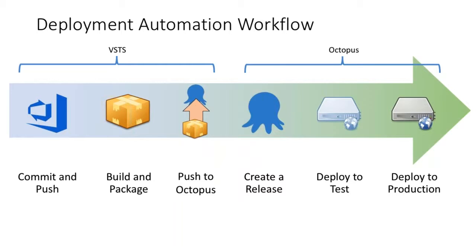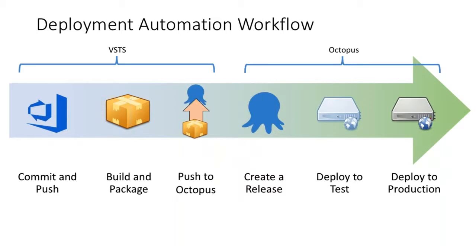The outcome of that build process, as we'll see, what we really want is a package, a version of your application that you can give to Octopus and say, this is version X of my project. And then Octopus can manage the deployment of that package to test and to production, to whichever other environments you need it to go to.